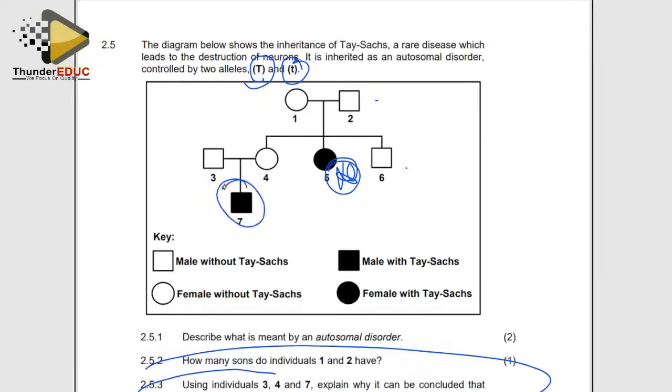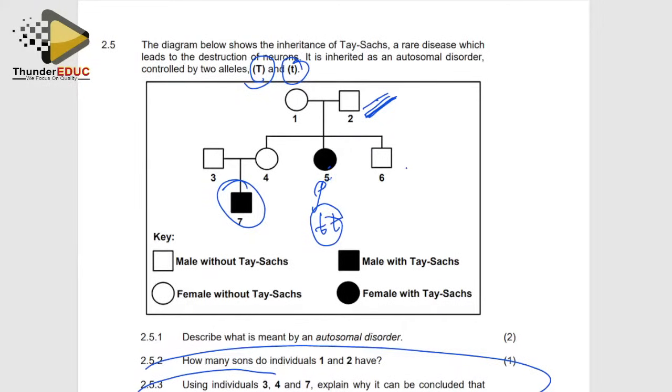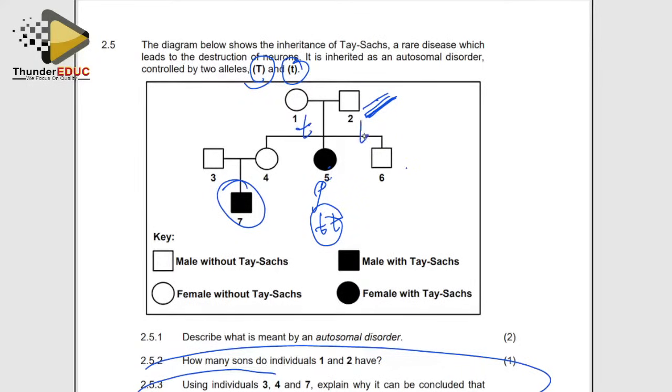This one is affected. But now, what is the genotype for this? Because they produced this kid who is affected, automatically this kid is going to be small t, kid number 5, because kid number 5 is affected, isn't it? So I got one recessive allele from the father and one recessive allele from the mother.